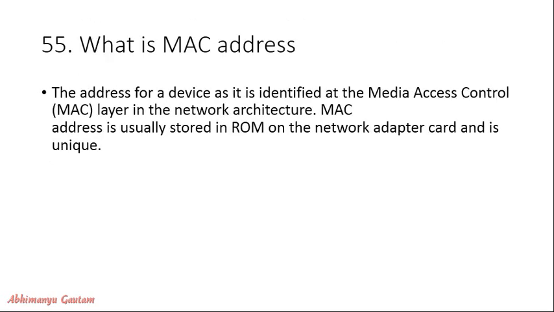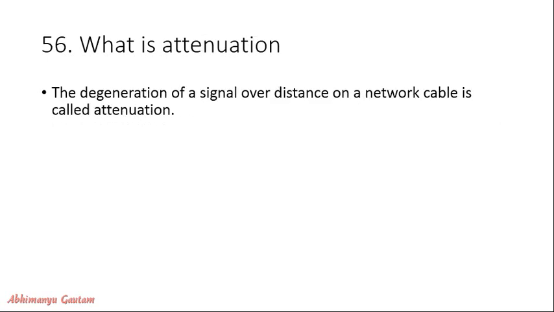What is MAC address? The MAC address is the address of the device as it is identified at the Media Access Control layer in the network architecture. The MAC address is usually stored in ROM on the network adapter card and is unique. What is attenuation?